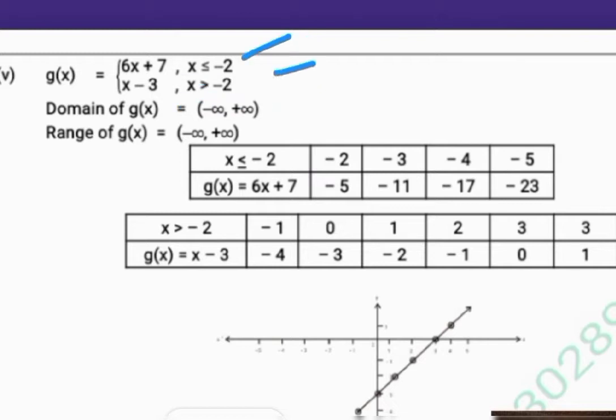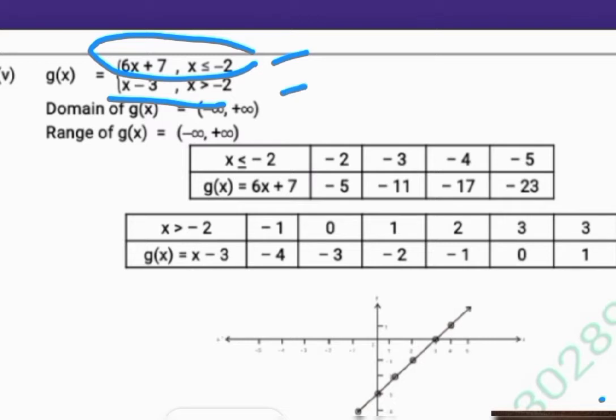These are domains. It means this function is defined for x less than or equal to -2 and this function is for x greater than -2. So we'll put values of x less than -2 in this function and values of x greater than 2 in this function.